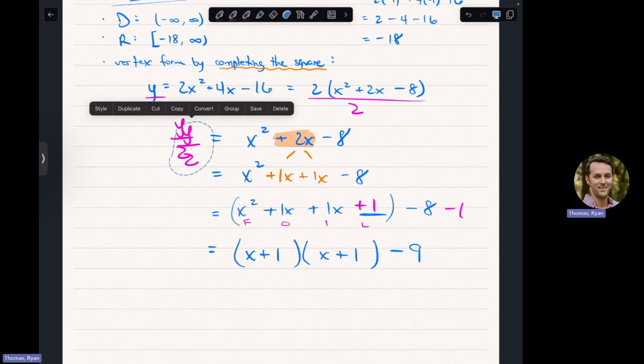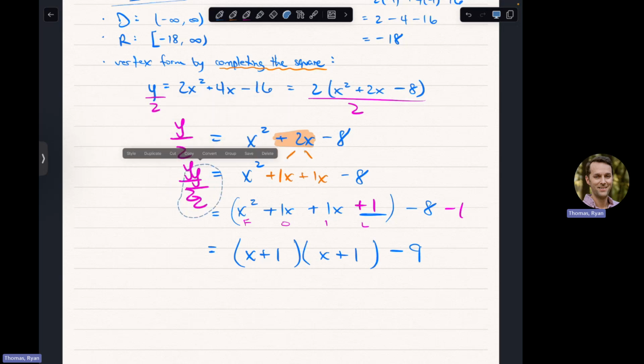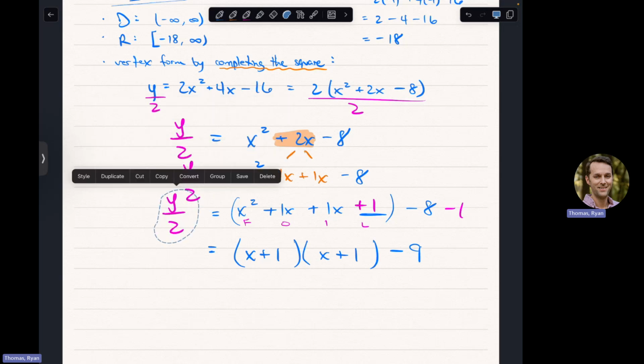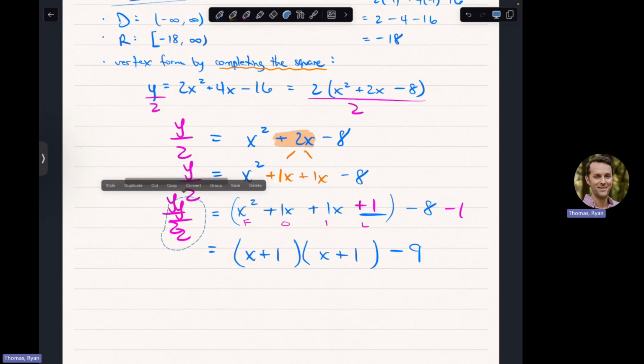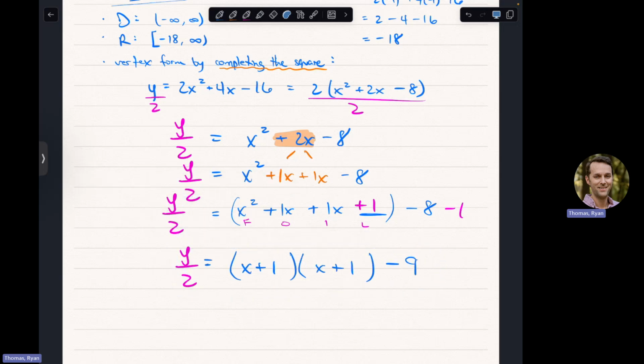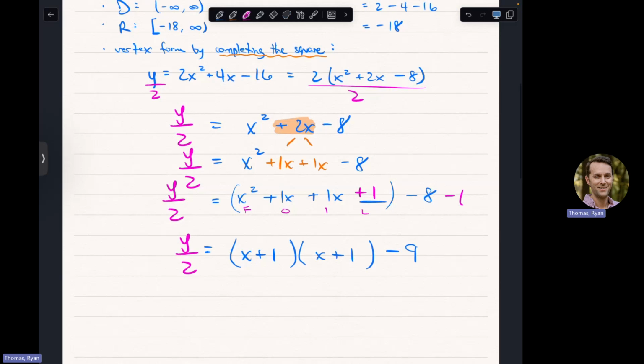Okay, but all along, this was y over 2, which isn't going to fit because I wrote it too big. So to get y, we've got to multiply the whole thing by 2. 2 times (x plus 1) squared minus 18.